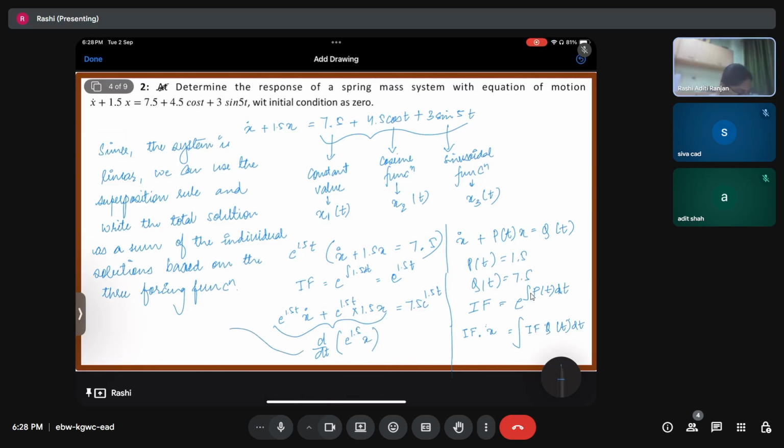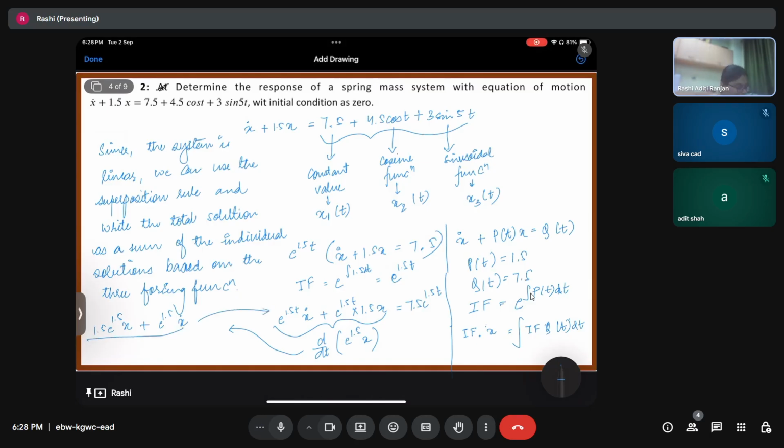If you expand this, you get 1.5 e to the power 1.5 t x plus e to the power 1.5 t x dot, which is the same as this.